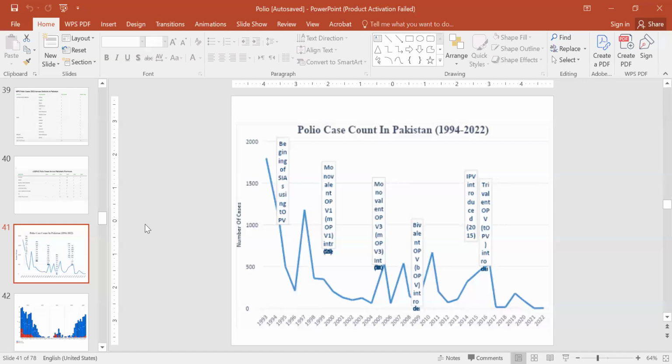Sometimes there was a rise in the cases of polio, and sometimes there was a reduction of the cases. And then you can also see the introduction of different types of vaccines. We will also go through the details of the trivalent vaccine, then the monovalent vaccine was introduced in 2009, bivalent vaccine was introduced, and so on.